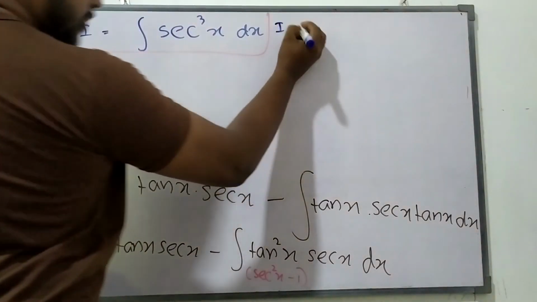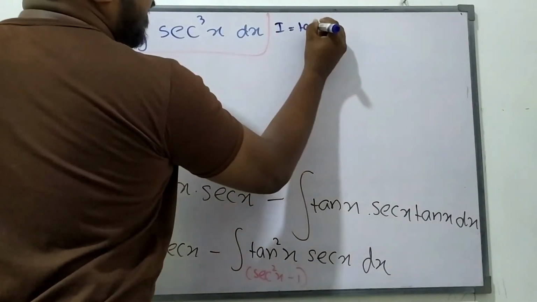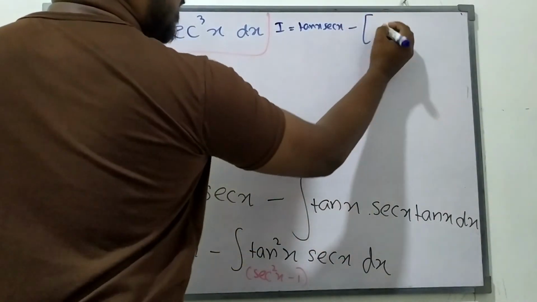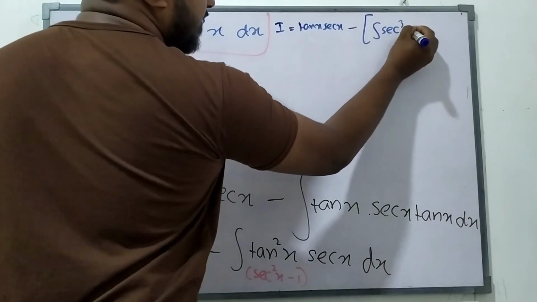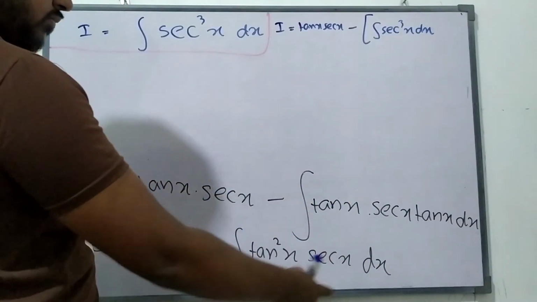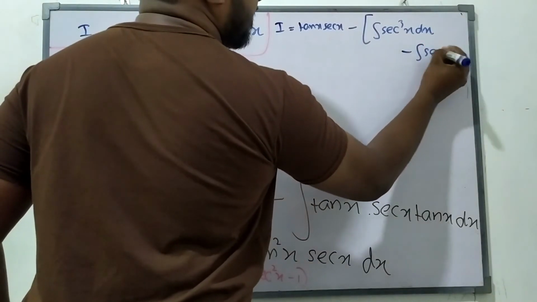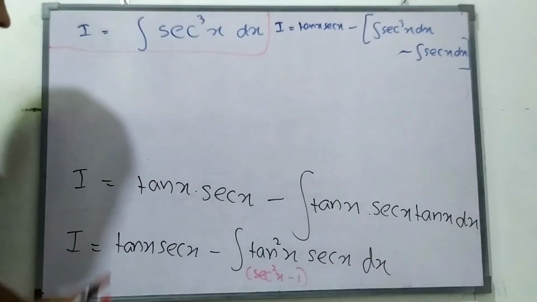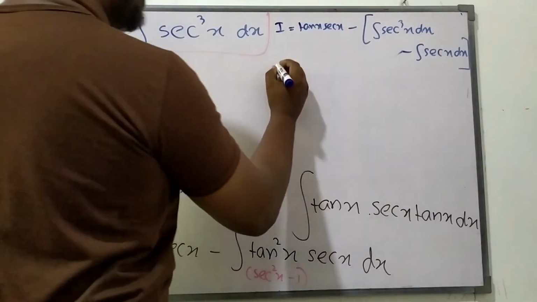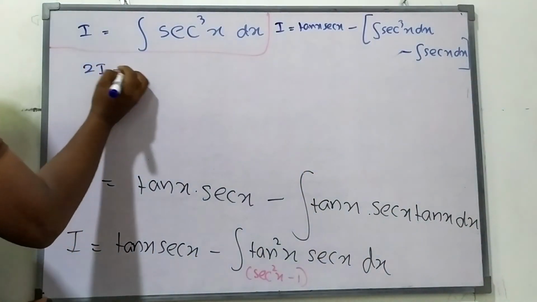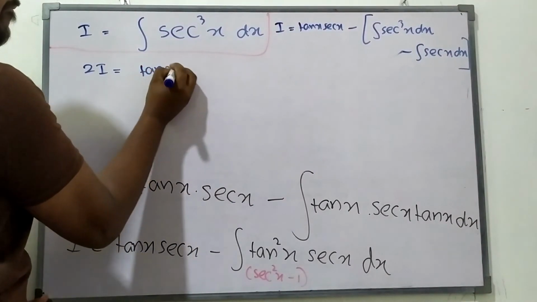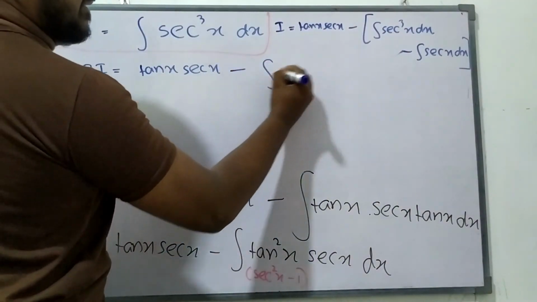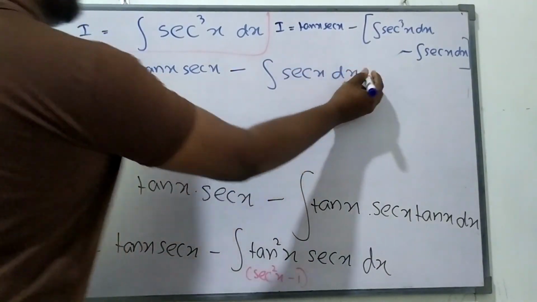And I becomes tan x sec x minus, solving the bracket, integral of sec cube x dx minus integral of sec x. So what is sec cube x, which is again I, it's going to the other side, it's 2I. Minus integral of sec x dx.